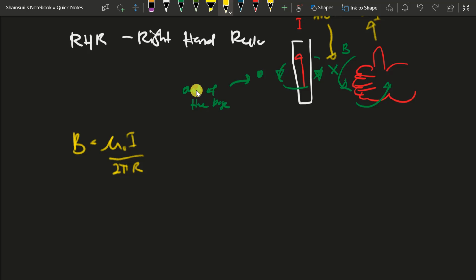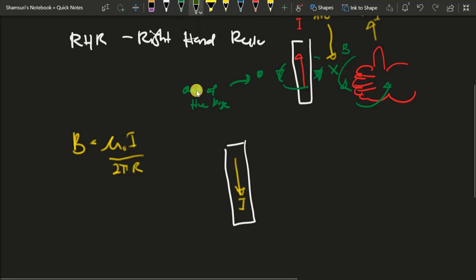We have the wire, and the current goes here, I. Using your right hand rule, you get the direction of B, in this direction, which means it comes out from here and goes inside from here.